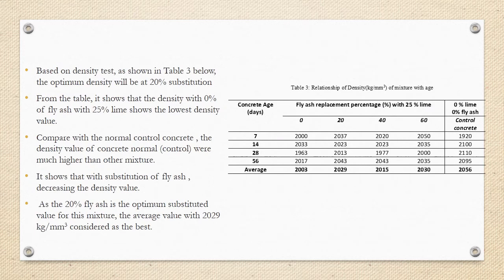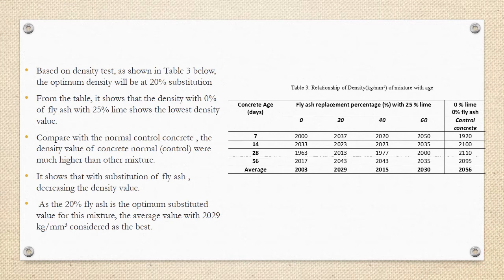Based on the density test as shown in table 3, the optimum density will be at 20% substitution. From the table, it shows that the density with 0% of fly ash with 25% lime shows the lowest density value. Compared with the normal control concrete, the density value of normal concrete was much higher than the other mixtures.